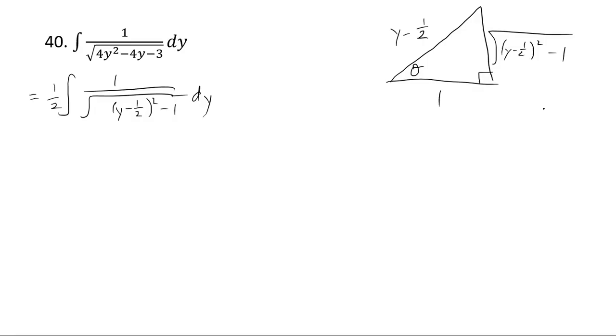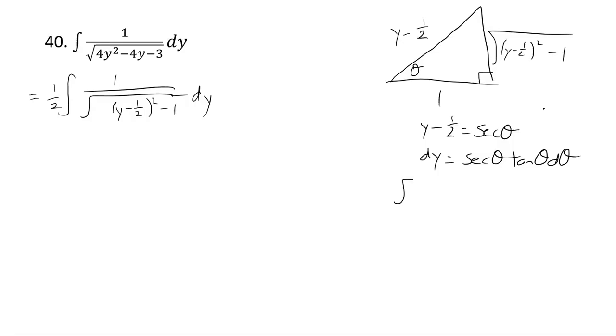Okay, so let's substitute everything in the integrand in terms of theta. So we need y first. So y minus half is equal to tangent, that's not tangent, that's secant theta. Actually, we don't need y, we need dy, which would be secant theta tangent theta d theta.